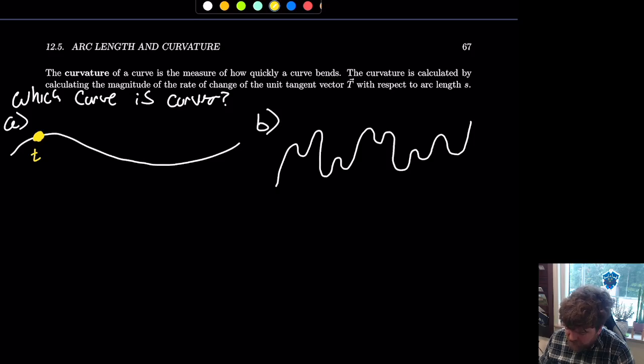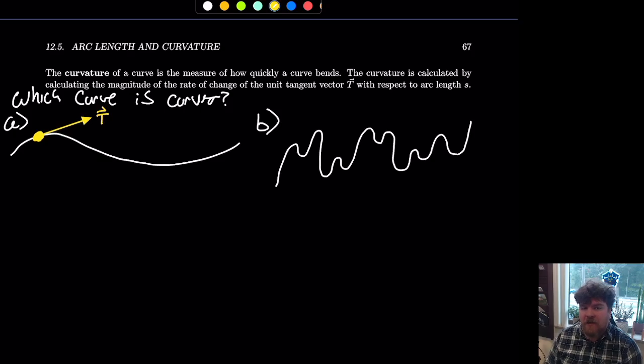And now I want to imagine drawing the tangent vector at that point. I'm going to ignore that lowercase t for just a little bit. That's something that we'll bring back up in class tomorrow. So I'm just going to draw the tangent vector at that point, right?